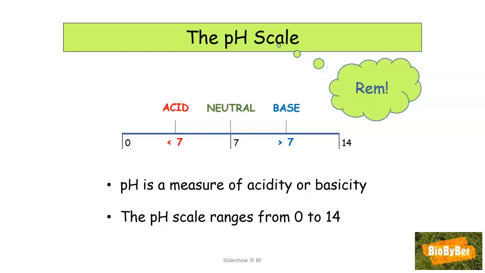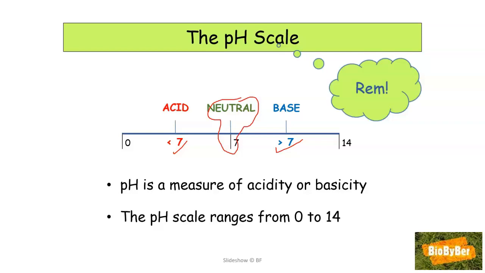The scale ranges from 0 to 14. A value of 7 on the scale means that the substance is neutral. A value of less than 7 means that a substance is acidic, and a value greater than 7 means that a substance is basic.